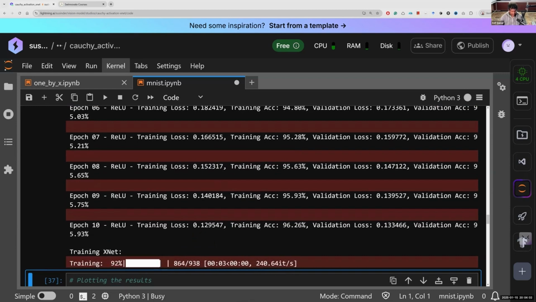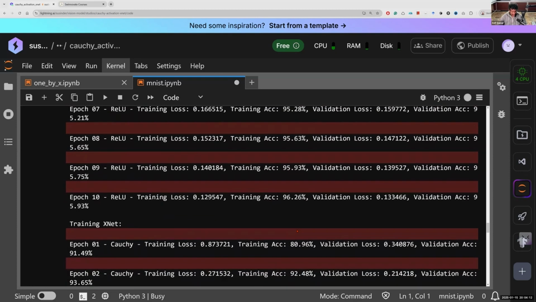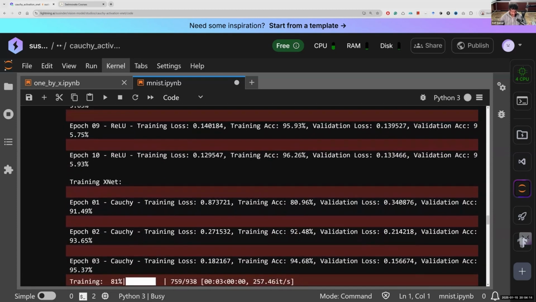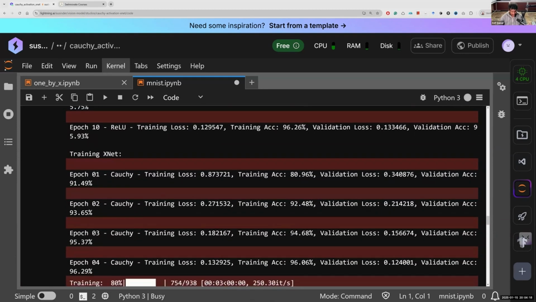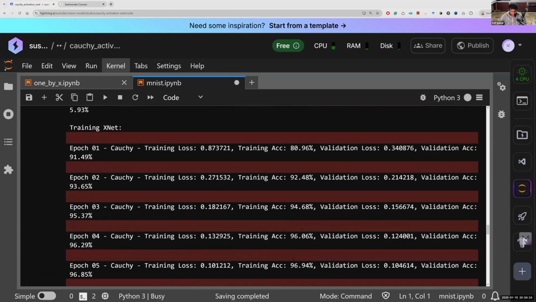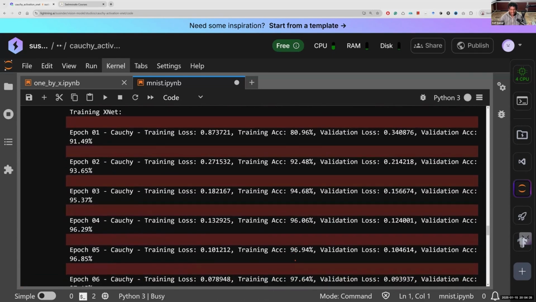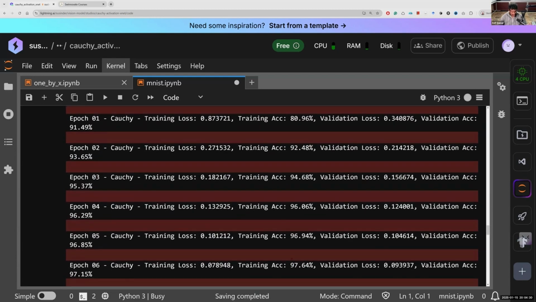Okay, so at the end of 10 epochs, ReLU got a training loss of 0.12 and accuracy of 96.26%. Now let's see, XNet is training right now, and we can see in epoch 4 itself, the XNet has achieved 96, and by epoch 5 it has actually beaten the ReLU model.